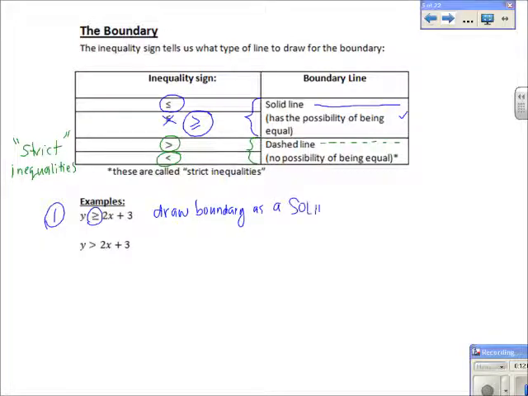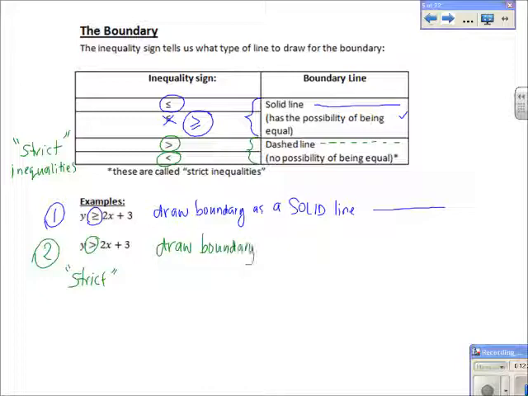In the second example, if I were to graph that, I see that this is a strict inequality, y is greater than 2x plus 3, and so I would draw the boundary as a dashed line. Sorry, a little bit better line than that, dashed line. Hopefully your dashed line is straighter than mine.